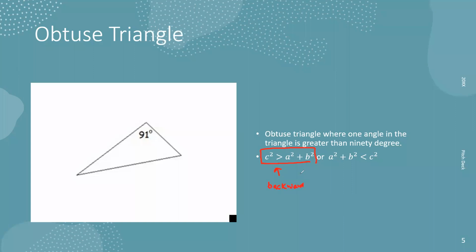So if one angle in your triangle is greater than 90, you have an obtuse triangle. If you were given side lengths only, you could apply this formula, and if it is true, then you have an obtuse triangle. We'll go ahead and write that down.